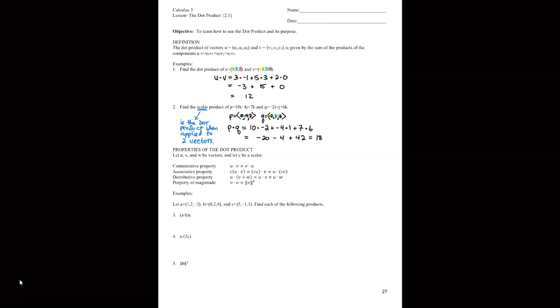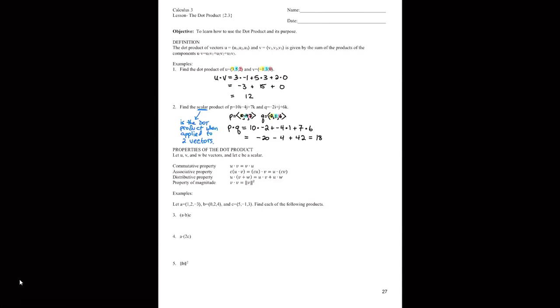In number 3, we have the dot of A and B multiplied by C. Now it's the dot product of three vectors. We can follow the order of operations and take care of A dot B first.